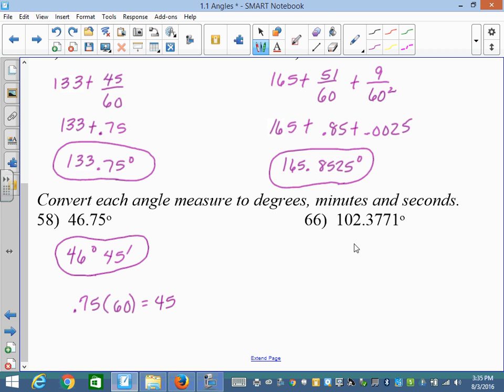So on this one, we got a little bit more going on because we got more going on behind the decimal. So we have 102 degrees, but we have to look at the 0.3771. And if we multiply this guy by 60, we get 22.626.